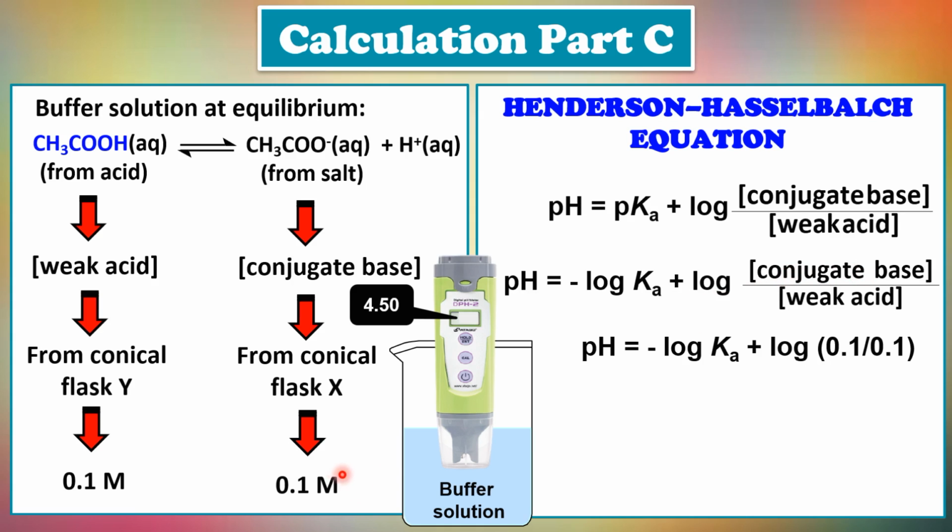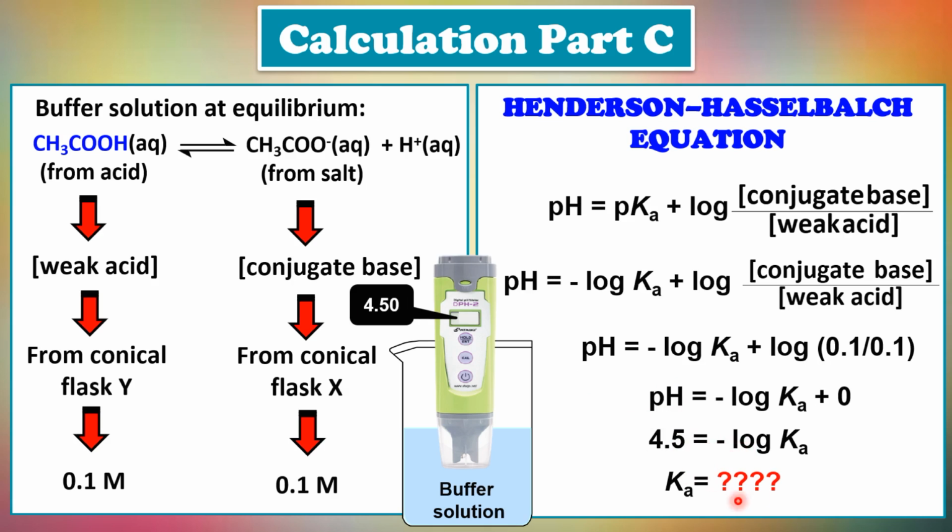Conjugate base, we have 0.1 concentration, and weak acid also 0.1. We know that log 1 is equal to 0, so we get pH equals negative log Ka. The pH we obtained here is 4.5, equals negative log Ka, and then you have to find out the value of Ka.